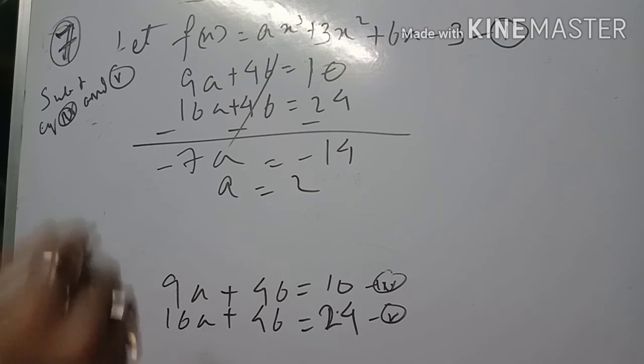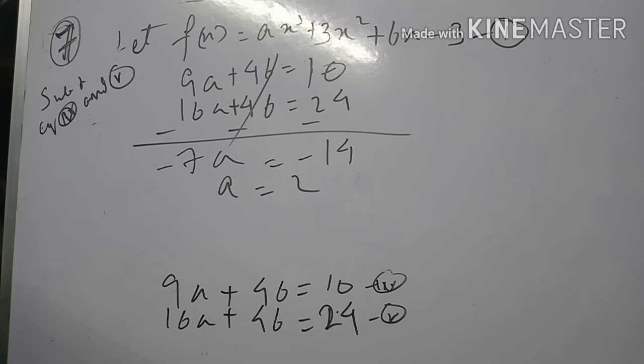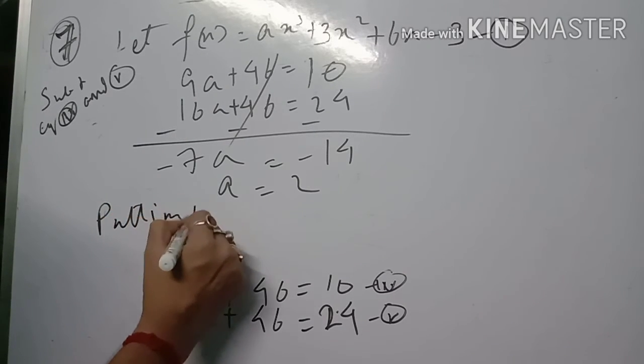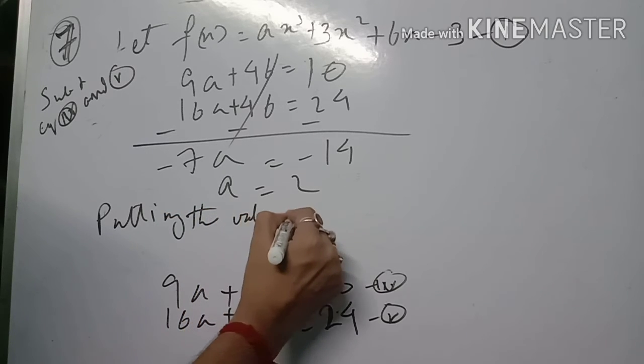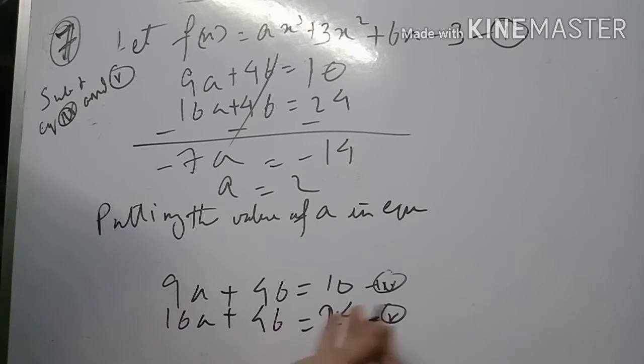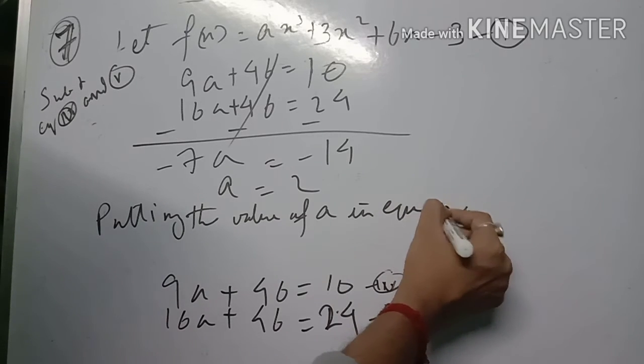So a is becoming 2, and what are we getting for b then in that case? Let us substitute the value of a. Let me put it in equation number 4. Okay.